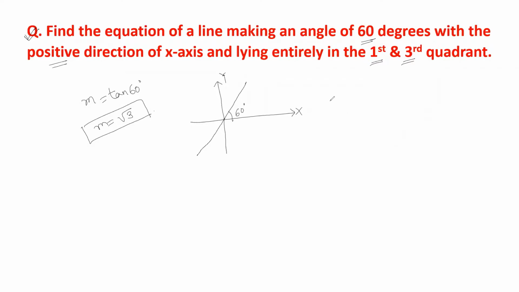So if we use the slope intercept form, the equation of the line would be given by y equal to mx plus c, where c is the y-intercept. But this line is passing through the origin, so there would be no y-intercept, so this c would be 0. So the equation would be simply y equal to mx and this slope is root 3, so the equation would be simply y equals root 3 into x.